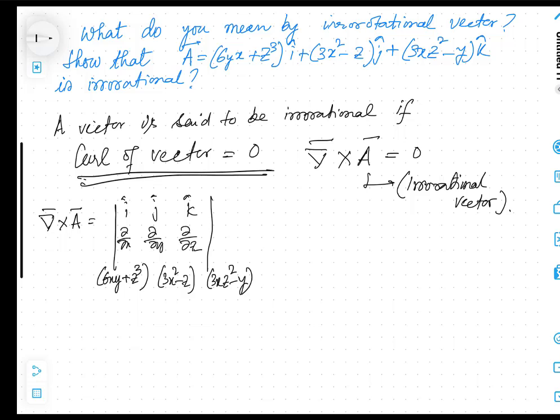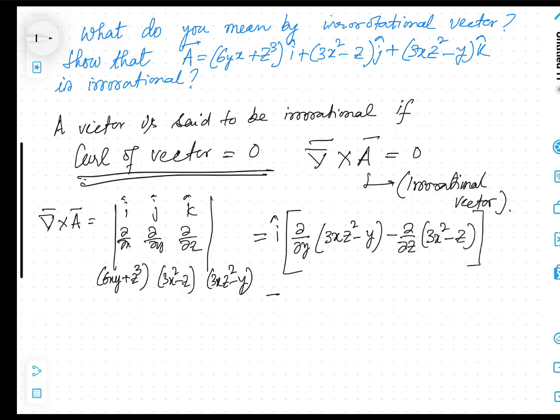I have to follow the same steps which I did for curl of R. To calculate the curl of A, again the first row and the first column will be switched off, and I have del del y of 3xz square minus y minus del del z of 3x square minus z, then minus j.